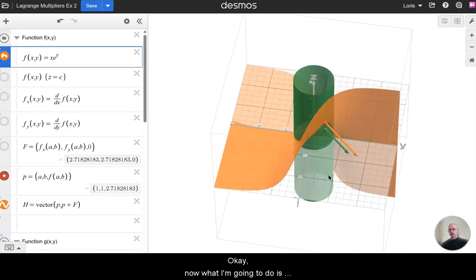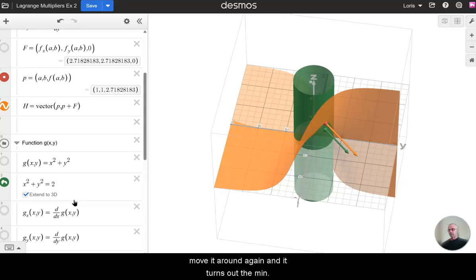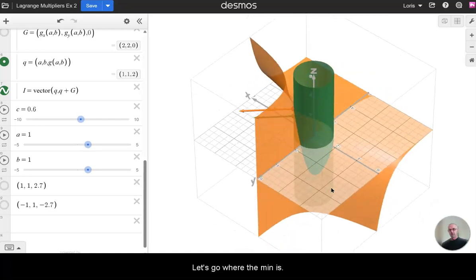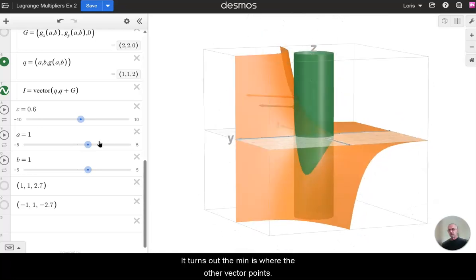Okay, now what I'm going to do is move it around again, and let's go where the min is. It turns out the min is where the other vector points. I think it's this way. I think it's -1, 1. We'll look at the math in a second.